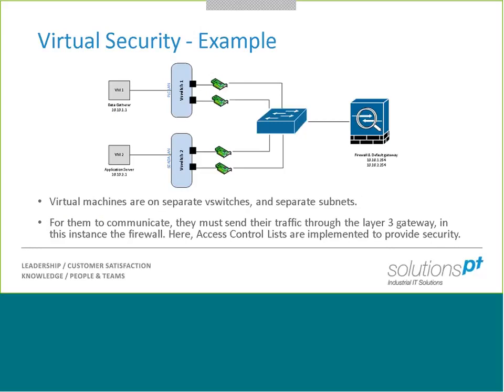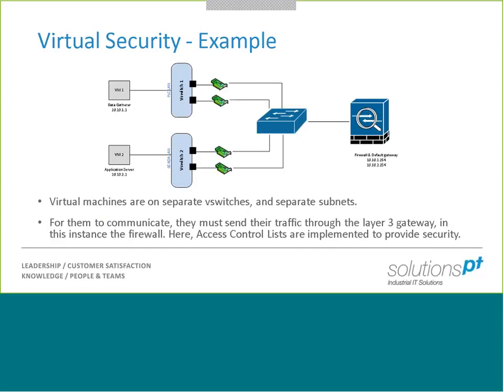So we're going to have a little look at an example here of how we could potentially create some security, some perhaps access control lists, between two different VMs. What we've got here, it's perhaps a little hard to see, at the top we've got VM1, shown as data gatherer, and that's on a PLC LAN, and that's in turn connected into vSwitch1.